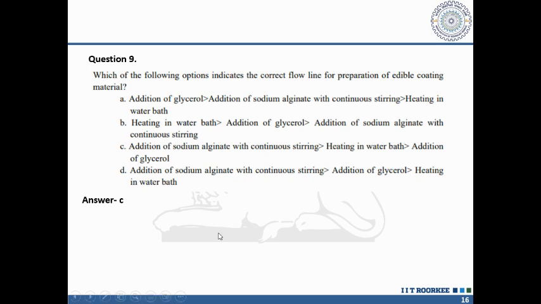So option C is saying addition of sodium alginate with continuous stirring, heating in water bath, then addition of glycerol. First we add the sodium alginate. Sodium alginate is an edible material, a coating material. We add it into the water, then heat it in a water bath or on your magnetic stirrer.